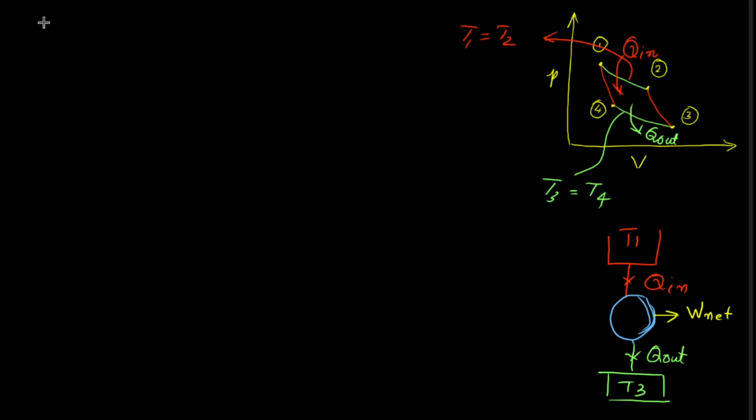So work done W net is equal to Q in minus Q out.